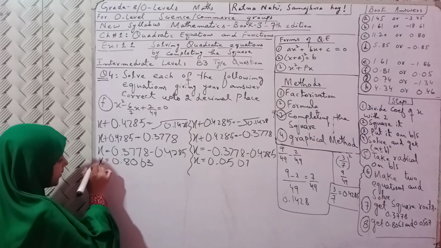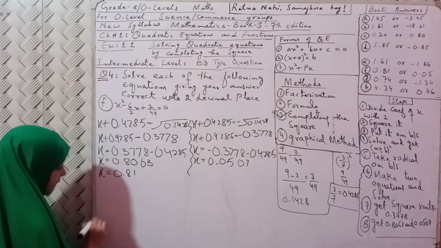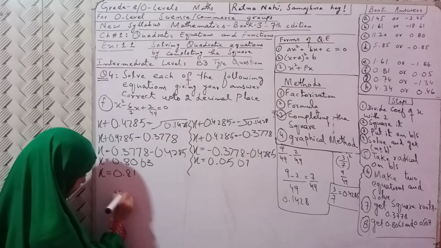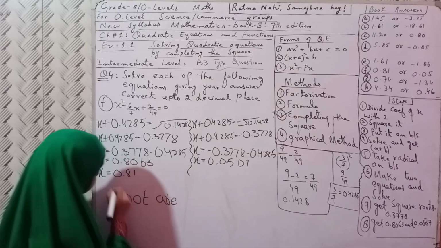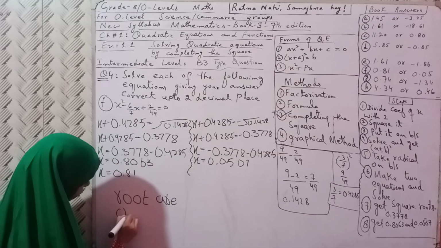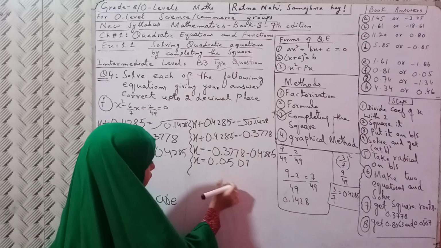So this is big, that's why it is equal to 0.81. And so the roots are 0.81, or we will do the round off.